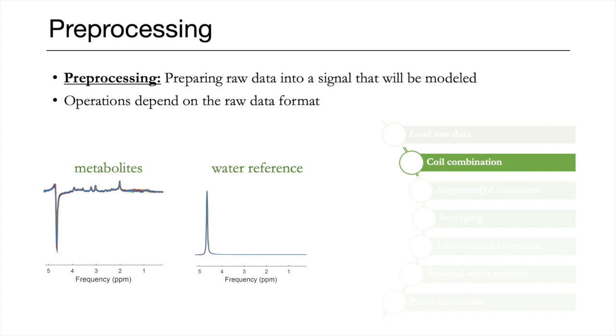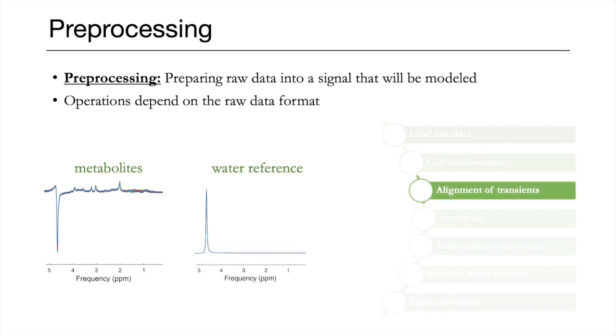Instead, we perform individual alignment of transients, and there are several tools and algorithms to do that. Watch the signals closely. See, the alignment has been improved and the signals are much more on top of each other. The next operation is simply to average, reducing the dimensionality of the dataset further so that we only have one spectrum per acquisition left.